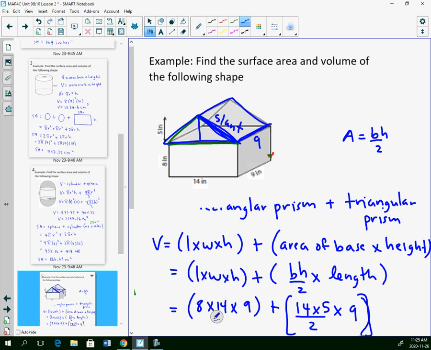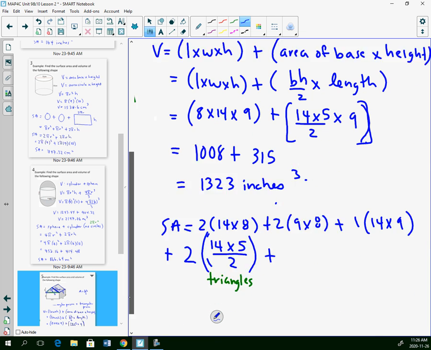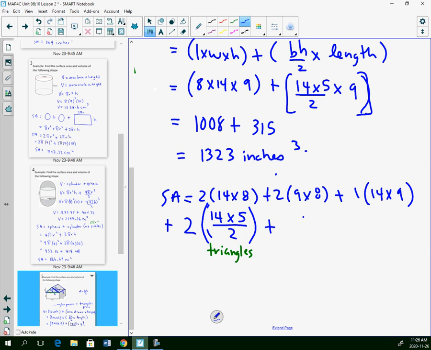So we have to figure out the slanted side. So if this is 14, well, let's cut it in half to 7, and this is 5 to make a right angle triangle. So we have a right angled triangle that is 7 and 5, so we could figure out the slant height using Pythagorean theorem.